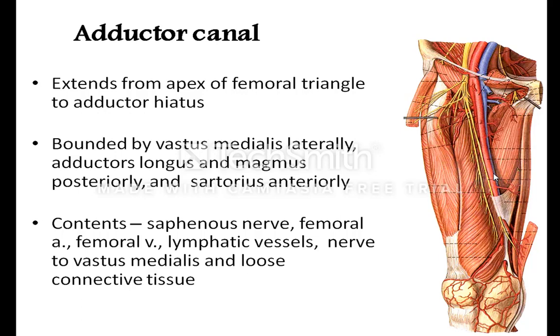The content: it contains the continuation of the femoral nerve, which is the saphenous nerve. It also contains the femoral artery, the femoral vein, lymphatics, the nerve to vastus medialis, and some loose connective tissue.